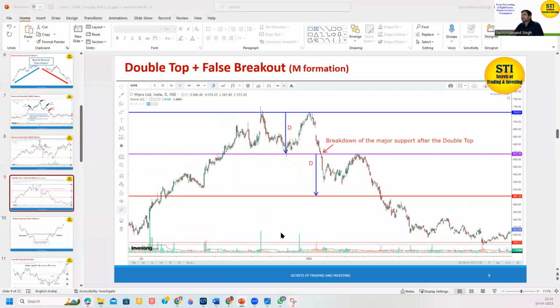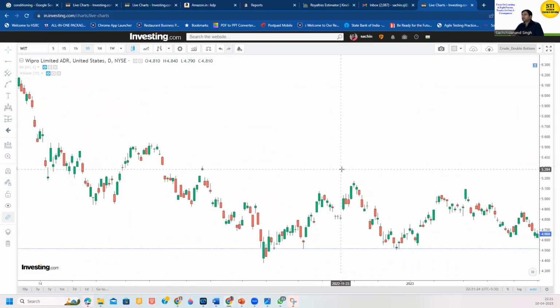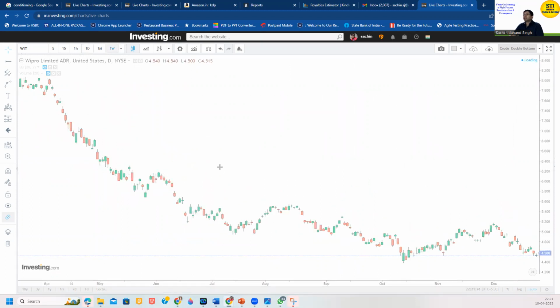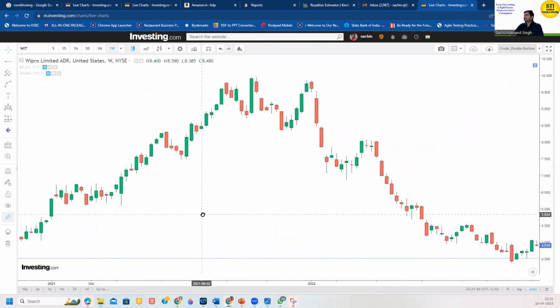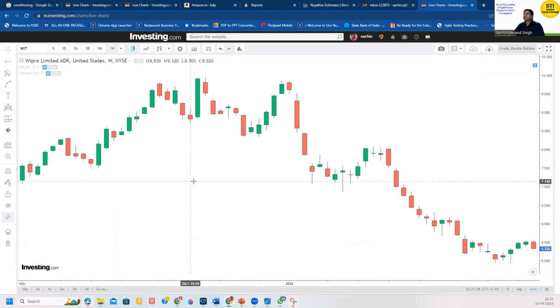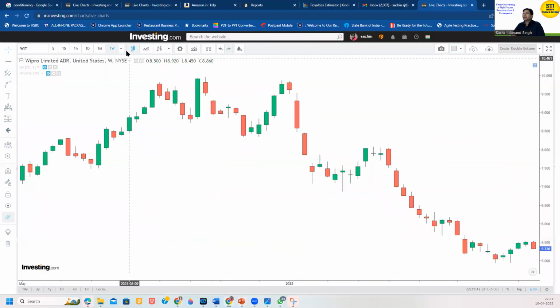Let me see. Yes, 2022. So why is it showing 2023? On daily. Okay, let's start the weekly one. Yes, I believe this is the chart which I have shown in the example, the daily chart.